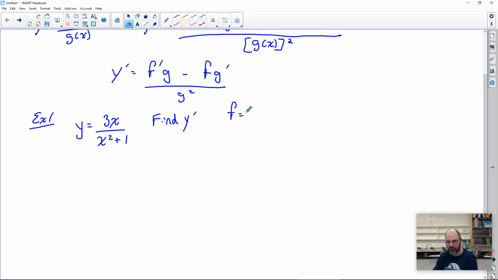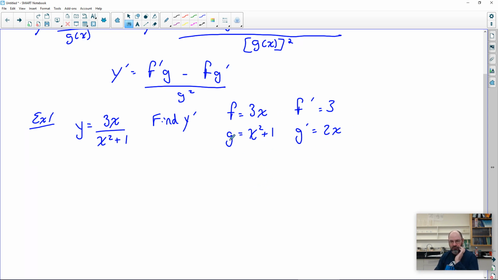So f is at the top, that's 3x. Therefore, f prime, if we take the derivative of 3x, is just 3. G prime, g is x squared plus 1 on the bottom. So if we take the derivative of that, derivative of x squared is 2x, derivative of 1 is 0. So it's just 2x plus 0 or 2x.